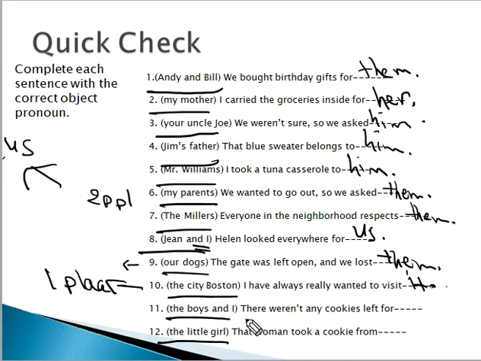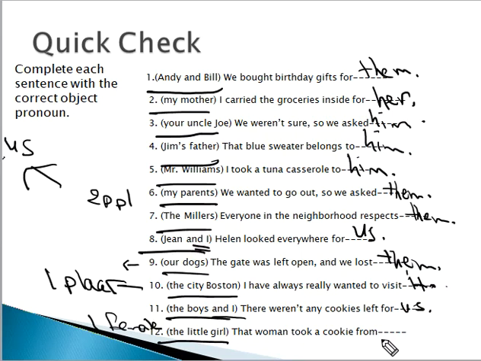Now the boys and I. There weren't any cookies left for us. So now you're mastering it. Good job. The little girl, one female, singular female. That woman took a cookie from.